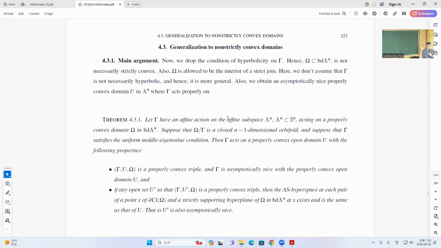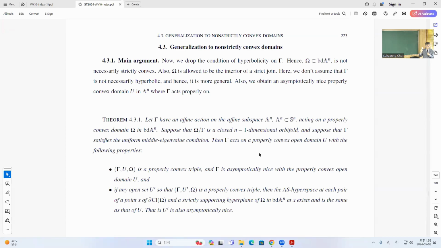Okay, and now we can also do this for the case when this is not word hyperbolic. The same conclusion holds, but for each point you might have more than one supporting plane, in codimension one in S^{n-1} infinity.